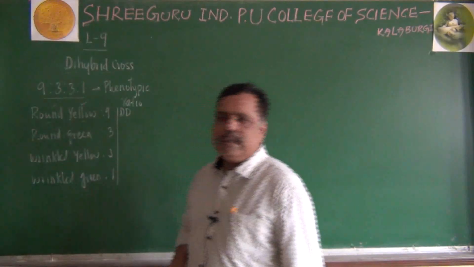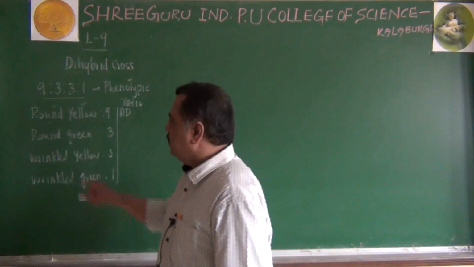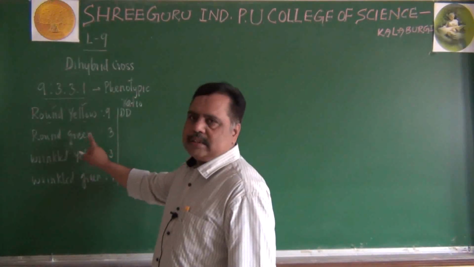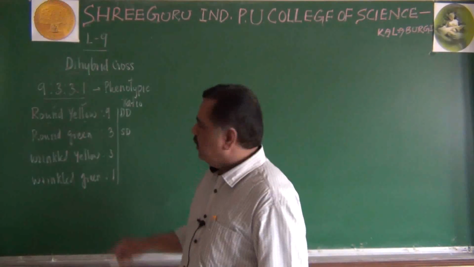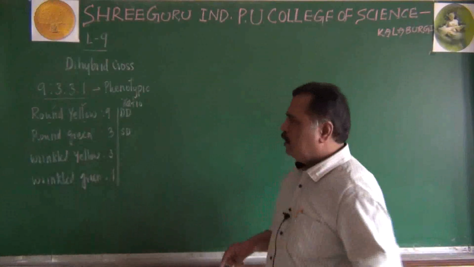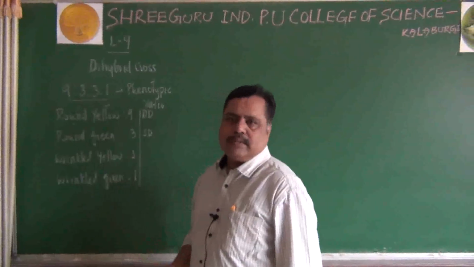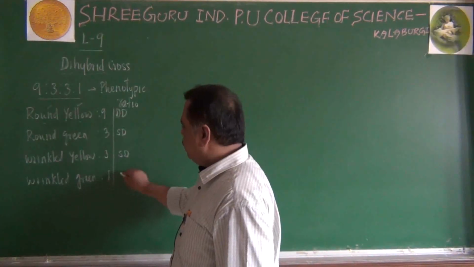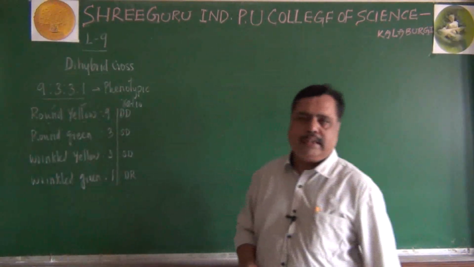Here in the round green, this is a single dominant character, because round is dominant over wrinkled and green is a recessive character. When we observe wrinkled yellow, yellow is dominant whereas wrinkled is recessive. In that case, it is also a single dominant character. Wrinkled green is a double recessive character.